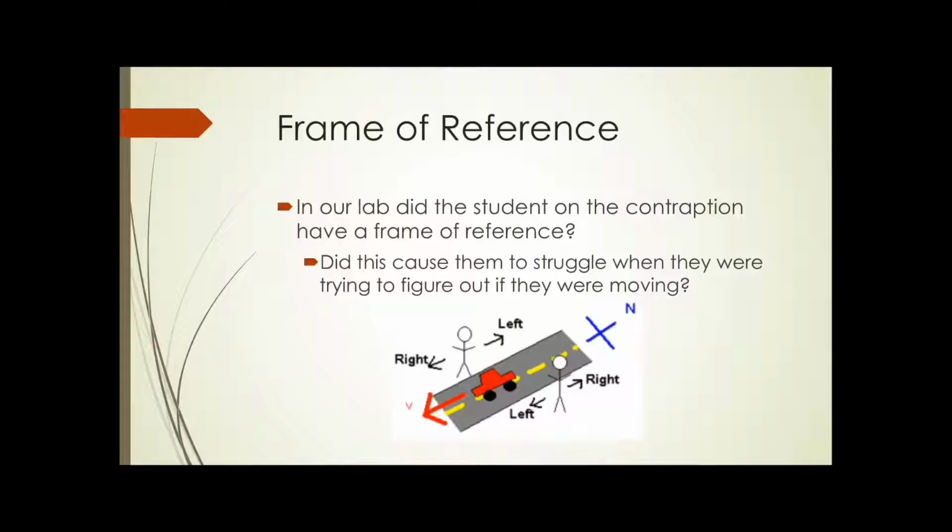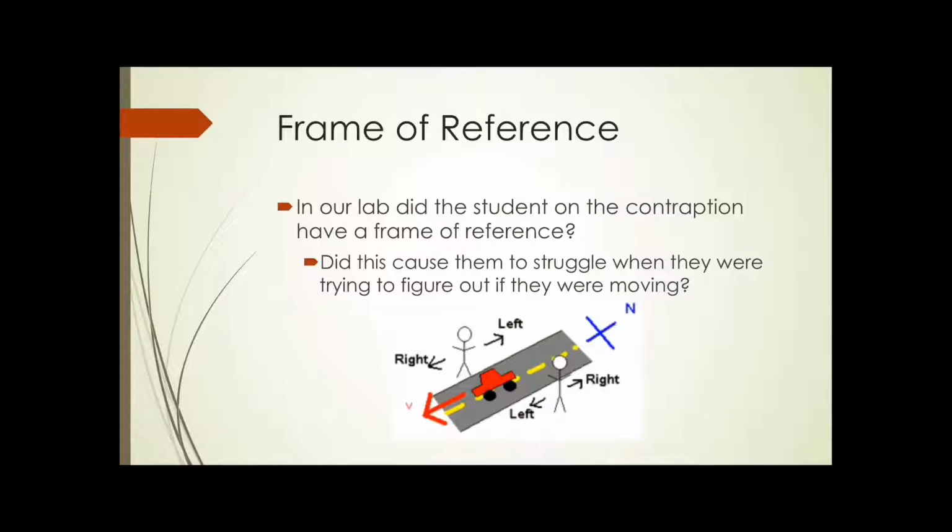You may have been spinning fast enough to feel the wind that gave you a frame of reference. I didn't stop you from using other senses other than sight and hearing. So did this cause you to struggle when you were trying to figure out which direction you were going? Some of you struggled and some of you didn't.